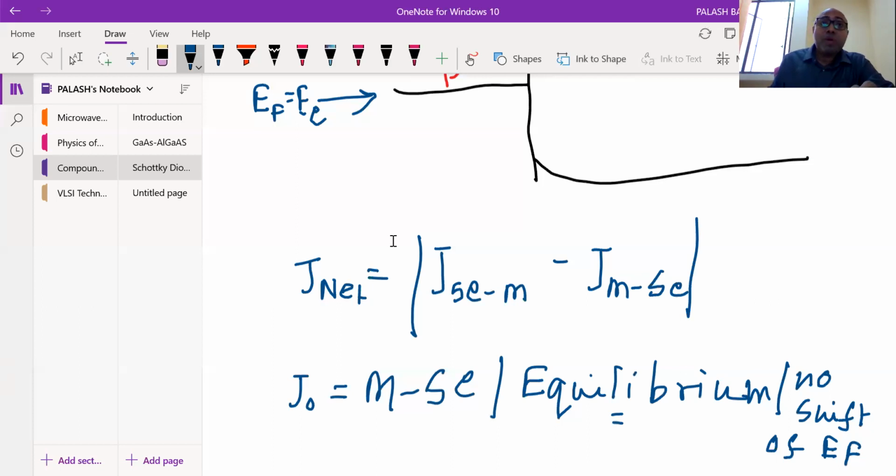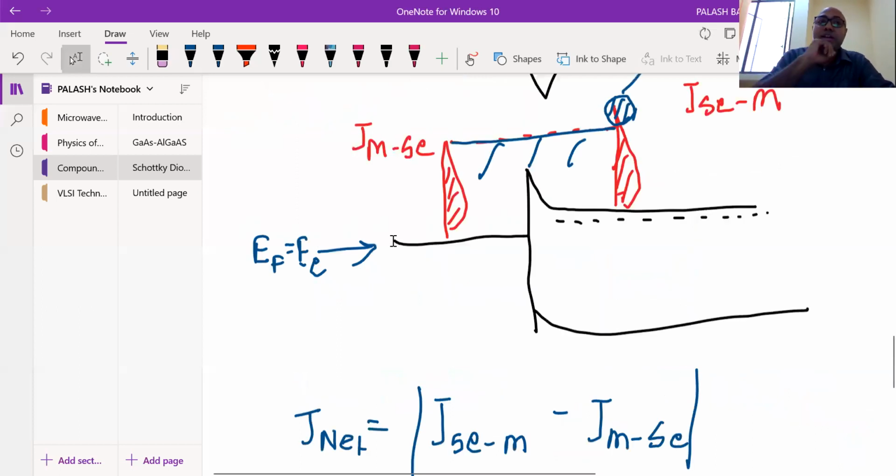When you apply some voltage over here, the metal to semiconductor current is also not changed, right? Because there is no shift of your Fermi level.